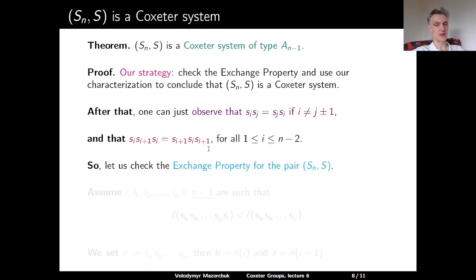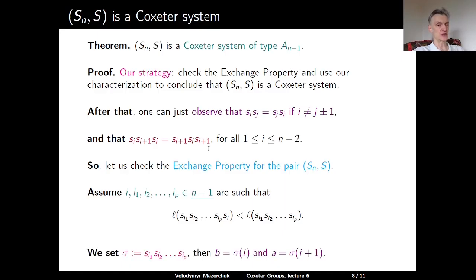So let us check the exchange property for our pair. Assume that we have elements i, i1, i2 and so on ip in {1, ..., n-1}, such that the length of the product Si1, Si2 and so on Sip Si is strictly smaller than the length of the product Si1, Si2 and so on Sip.